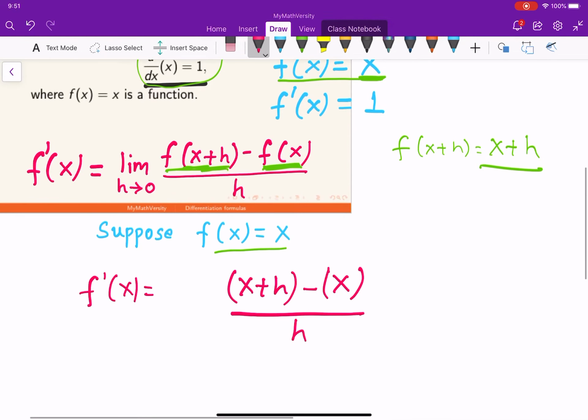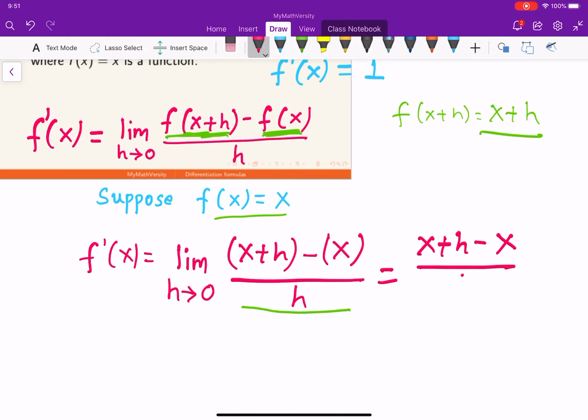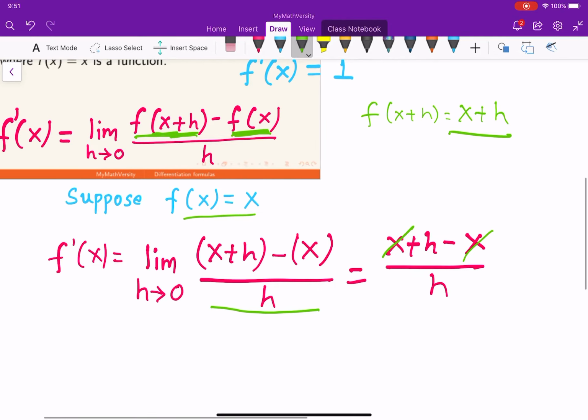This is the difference quotient, and we need to find the limit of it when h approaches 0. Let me simplify this difference quotient for a moment. It can be written as x plus h minus x, divided by h. Then the positive x and negative x combine to give 0, so we just get h over h. That's the simplified difference quotient.